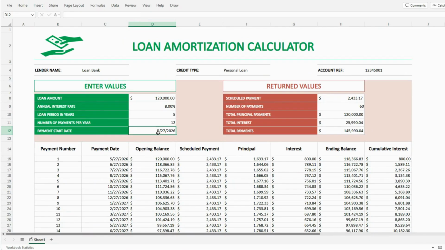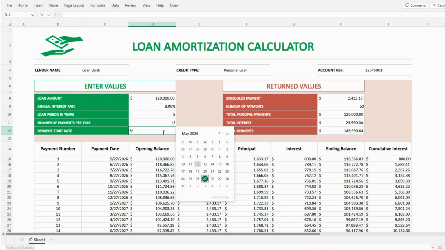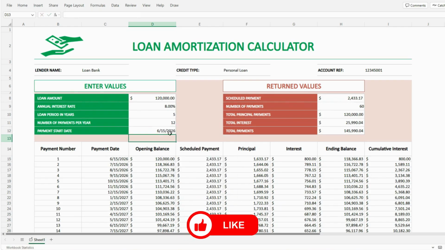Then you have your payment start date. This is when you are required to start making payment by the credit provider. Let's say you are required to start making payment on the 15th of June. You just put the payment start date here, which is 15 June.